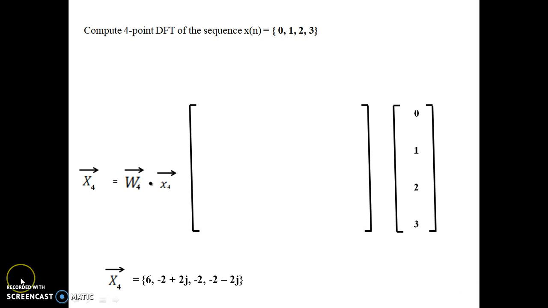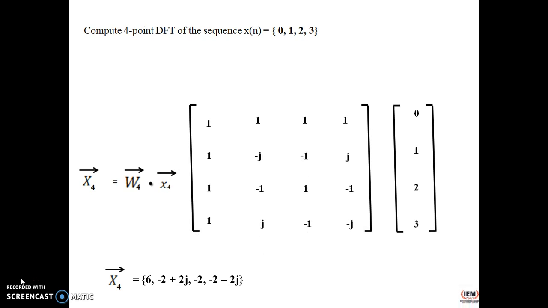Now here we compute the 4-point DFT of a sequence xn equals 0, 1, 2, 3. So how do we find the DFT of 0, 1, 2, 3?